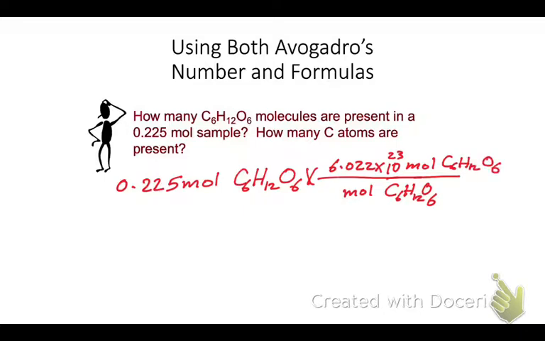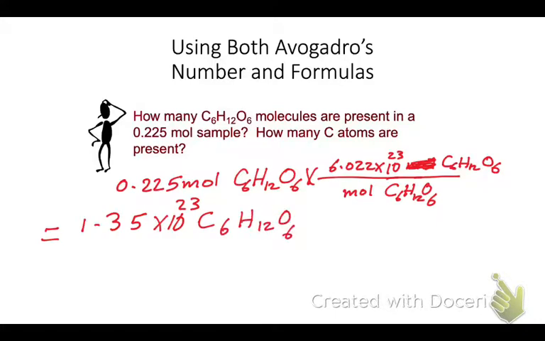Now, when you do the math, the answer, taking into account the correct number of sig fig, will be 1.35 times 10 to the power 23 molecules. Sorry, this here is not mole, guys, it's molecules of glucose, right? That does answer the first question here.